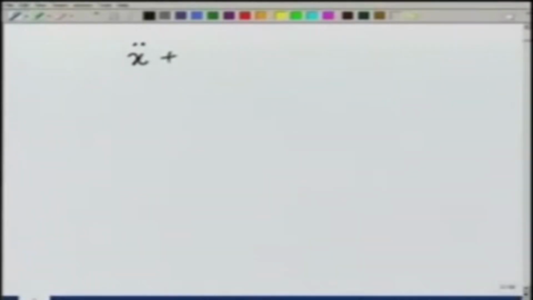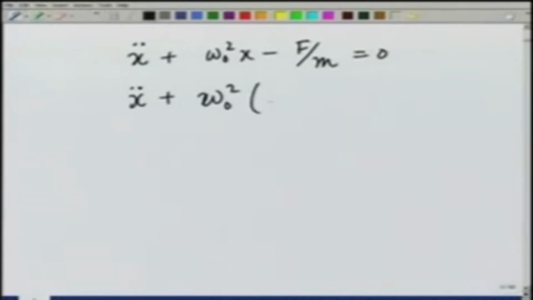I bring f over m to the left hand side and write this equation as x double dot plus omega 0 square x minus f over m equal to 0, which can be written as x double dot plus omega 0 square times x minus f over m omega 0 square equal to 0.